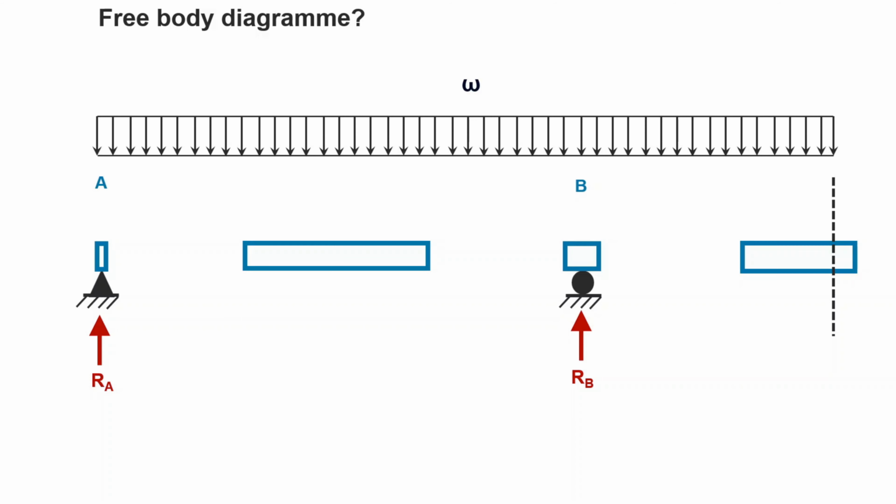And to start with the slope deflection method, we can write the free body diagram of the structure. It's like we have cut the element AB at both ends, very close in proximity to the supports, and we have support A at the left, support B at the right, and the element in the middle.